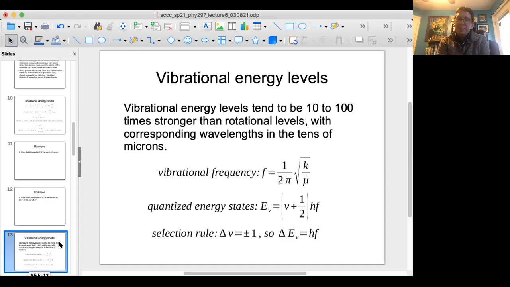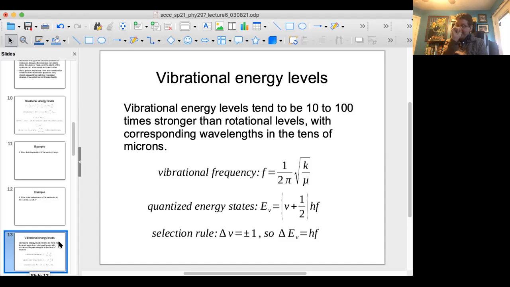But the vibrational frequency, f, is equal to omega over 2 pi. So we can write that as 1 over 2 pi times the square root of k, where k you can think of as an effective spring constant of the molecular bond, divided by mu, where mu again is the reduced mass. Vibrational energy states are also quantized.